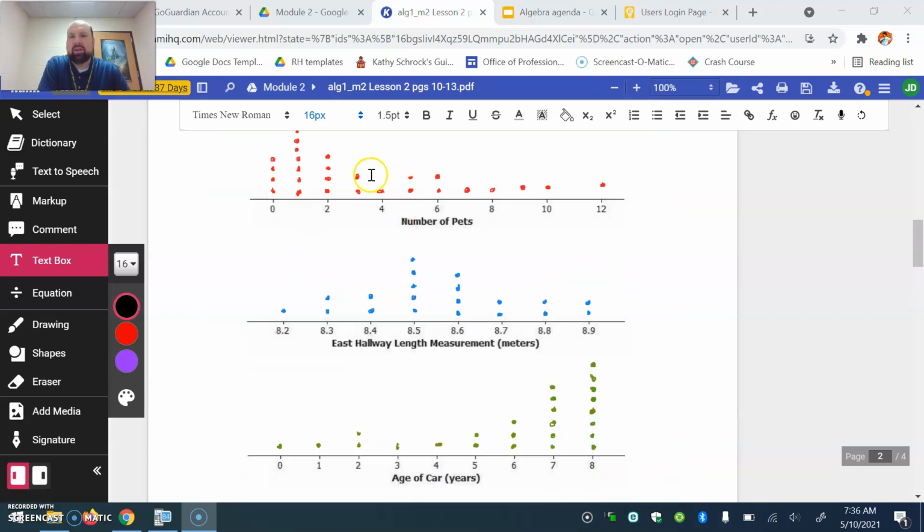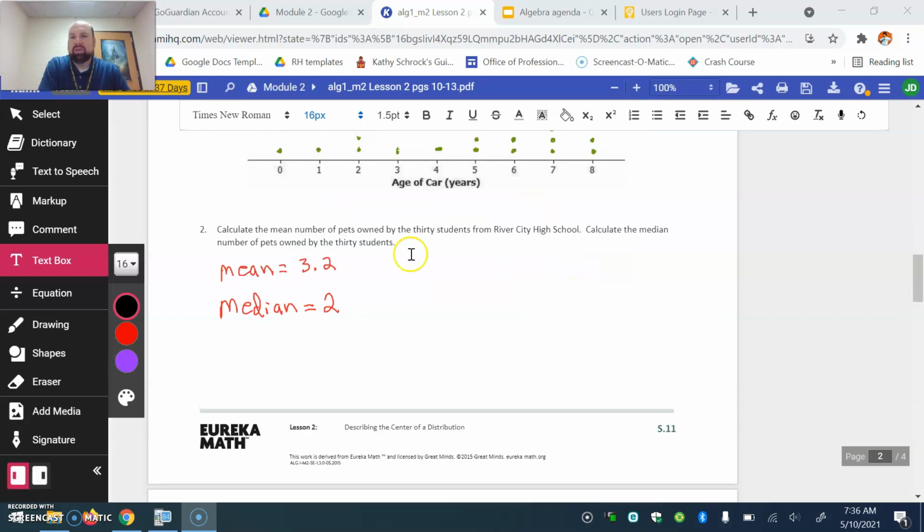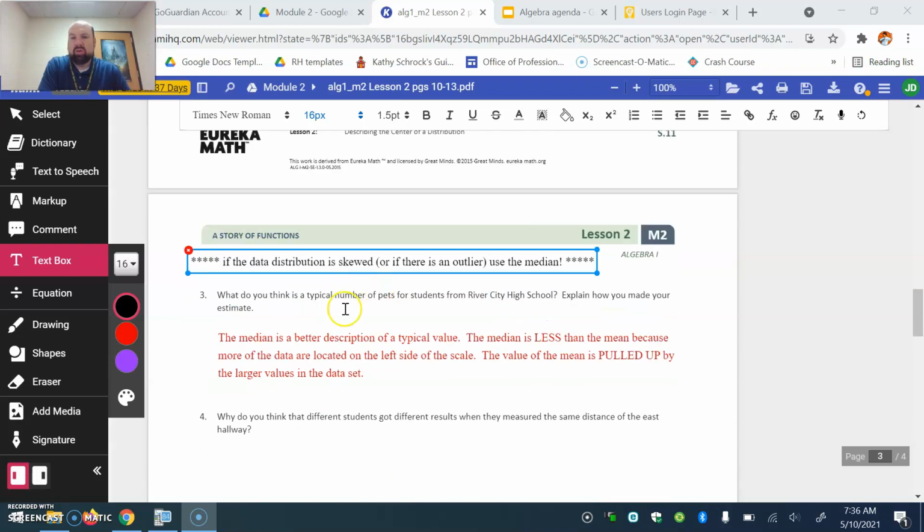But when I look at the dot plot and I can see that it is skewed, in that there's like this one really high value out here and a couple of these larger ones, and most of the data is over here to the left, that tells me that the average, the mean, is going to be affected by these larger values out here. Okay, so the mean in this case is not a good representation of the data. The median is better because it's in the middle. So essentially, I said the same thing in this. The value of the mean is pulled up by those larger values.